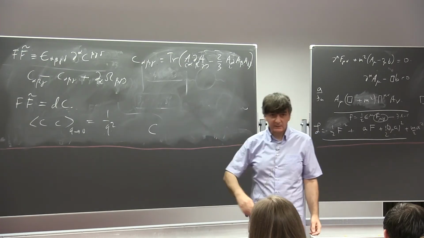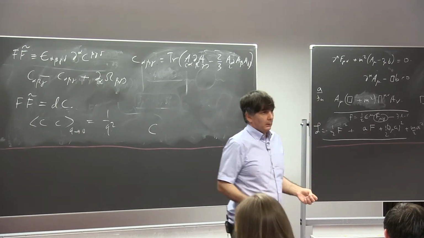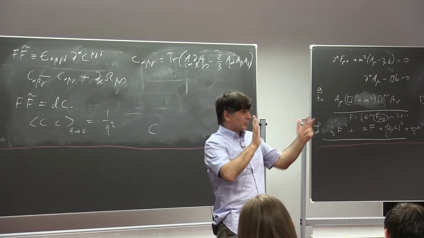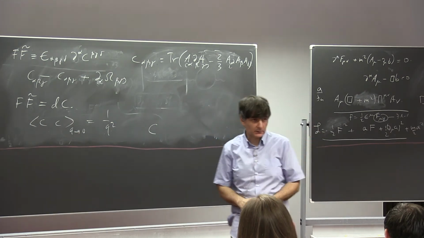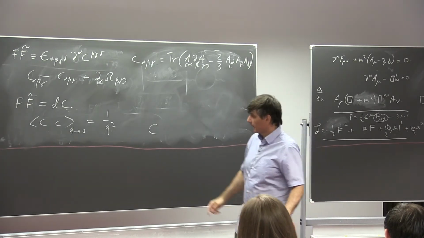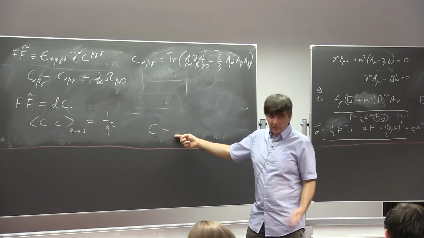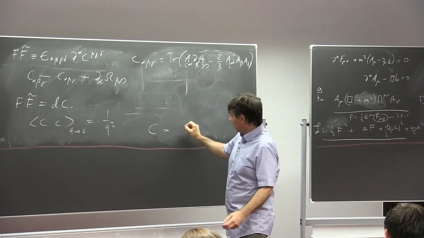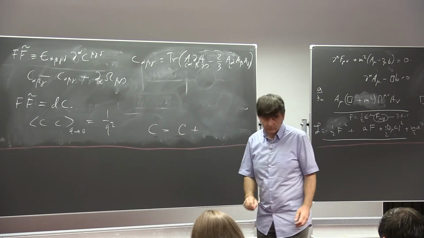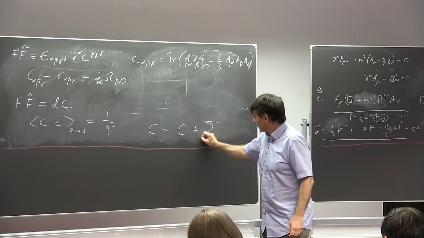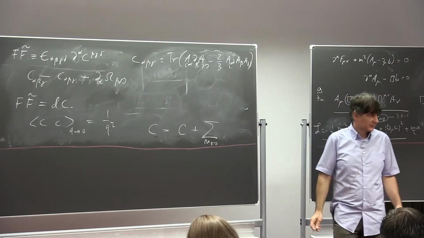Now we can do this explicitly. I don't have time to do this, but we can do it explicitly. Well, you can do the following. You can introduce external sources. So what's the way to check this statement, right? So in other words, first of all, the statement, as I said, means that as an operator, C contains a massless free form C plus some heavy stuff, okay?